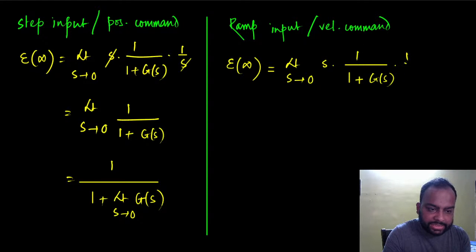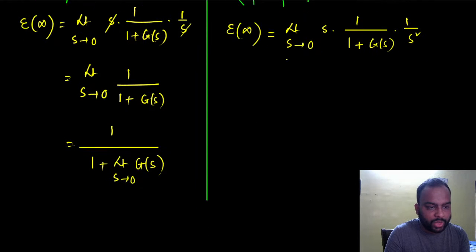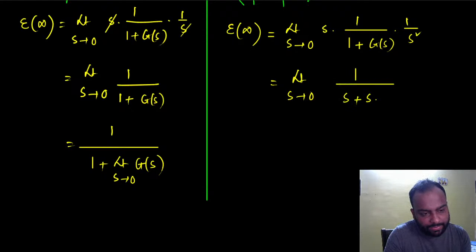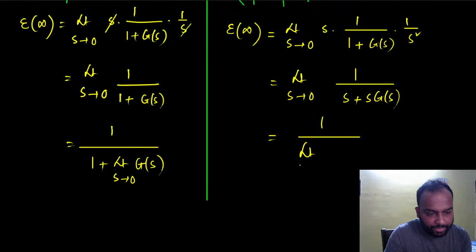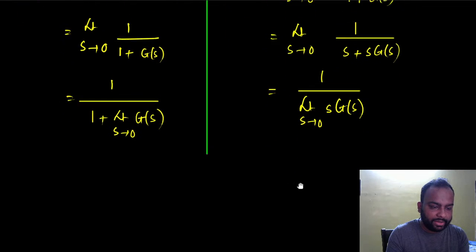Now of course R(s) is 1 by s square. So I have to do this calculation, limit s tends to 0. One of the s's will remain, 1 by s times s G(s). And of course I can put the limit here. If I put s equal to 0, that's fine. So I get 1 by limit s tends to 0 of s G(s). Okay, just keep these in mind.